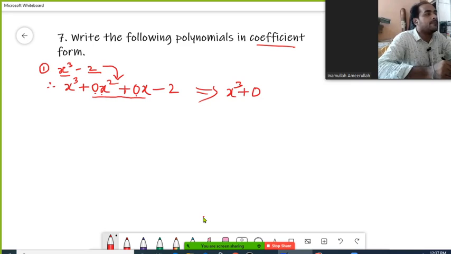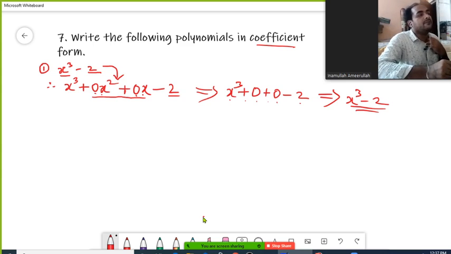Same way 0 into x, if you multiply 0 with x, it will become 0. Then minus 2. So x cube plus 0 minus 2 will remain as x cube minus 2 only.